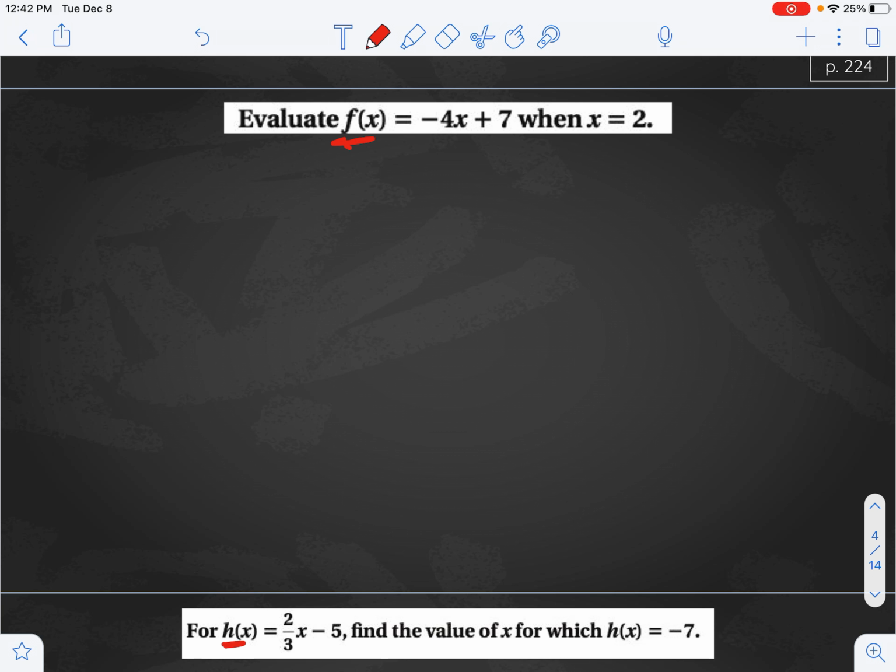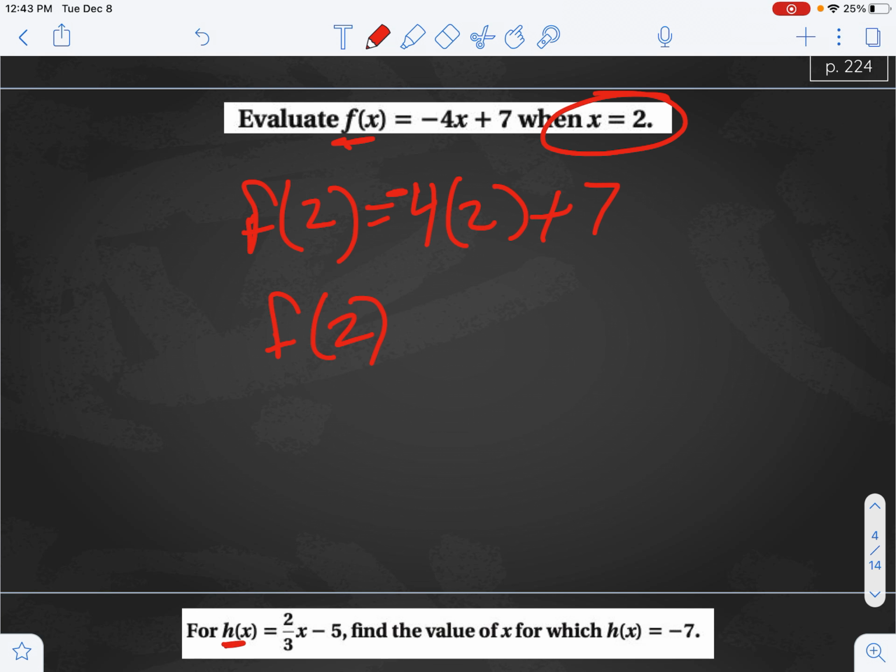So evaluate f of x equals negative 4x plus 7 when x equals 2. The way that now with function notation we can write this is like this. f of 2 equals negative 4 times 2 plus 7.